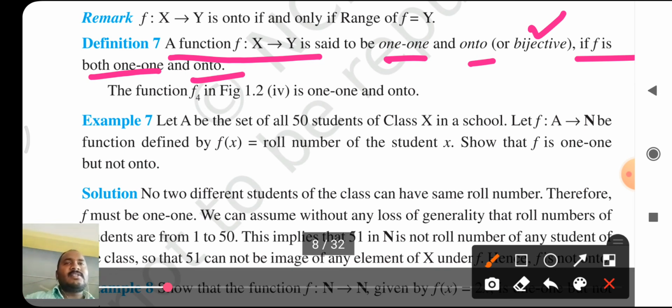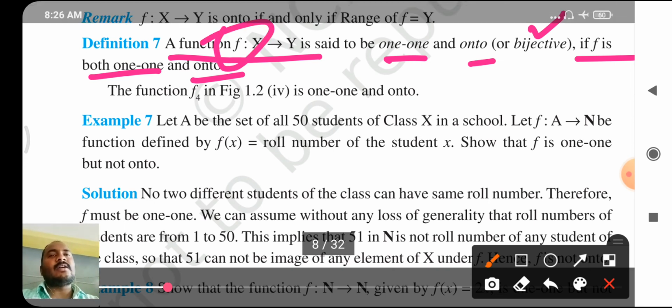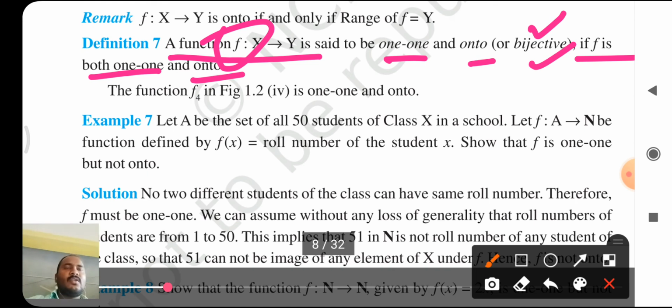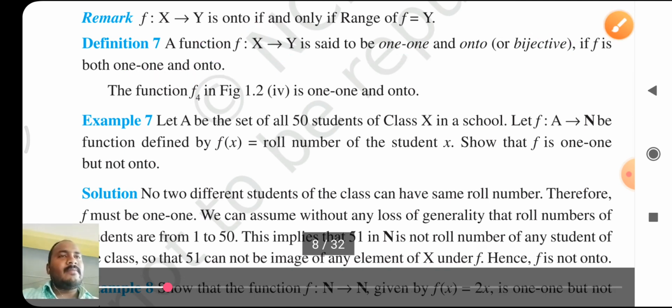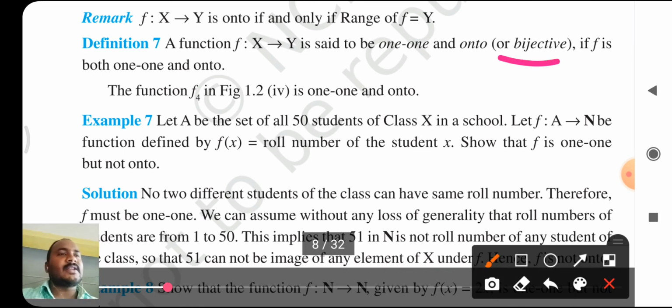My dear students, the given function f must be one-one and onto, then that function f is called a bijective function. This is some information about bijective functions.